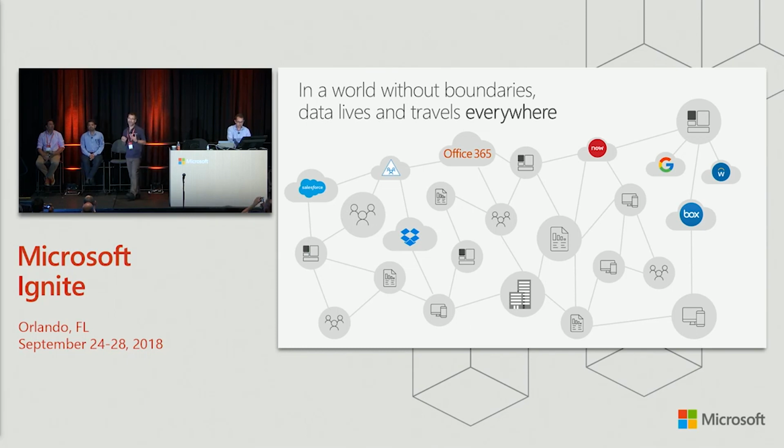Content roams everywhere, and in fact, you want it to roam everywhere. You want to enable your users to collaborate securely and to work in a friction-free way that is in compliance with your security policies so that as they collaborate, as they share that content with your business partners or with your customers, it's secured and it's protected in a way that meets your business and compliance policies.